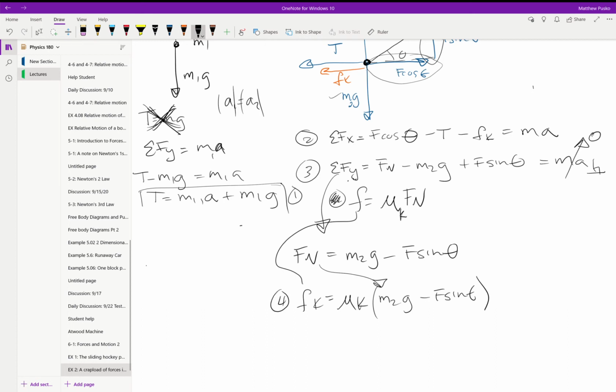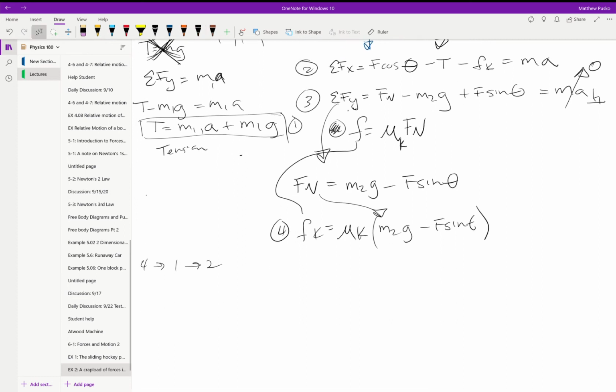If we take equation number 4 and this equation from our tension, and put them all back into equation 2. So in this case it would be equation 4 into equation 1 into equation 2. Any which way. What we're going to end up with is F cosine theta, it's this right there.